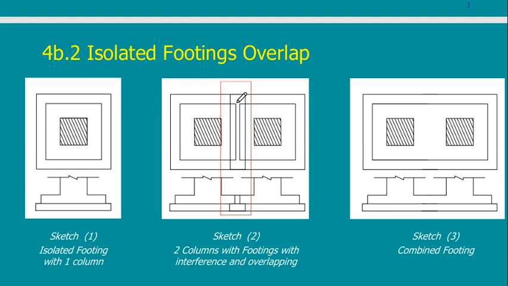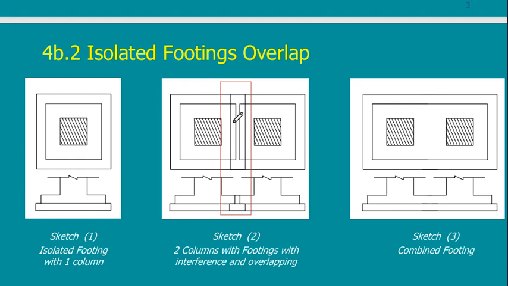Consider the overlap to be also in the reinforced concrete. So in this case, if I have an overlap in the reinforced concrete, I cannot construct something like this. So what I need to do is to design one footing carrying both columns.